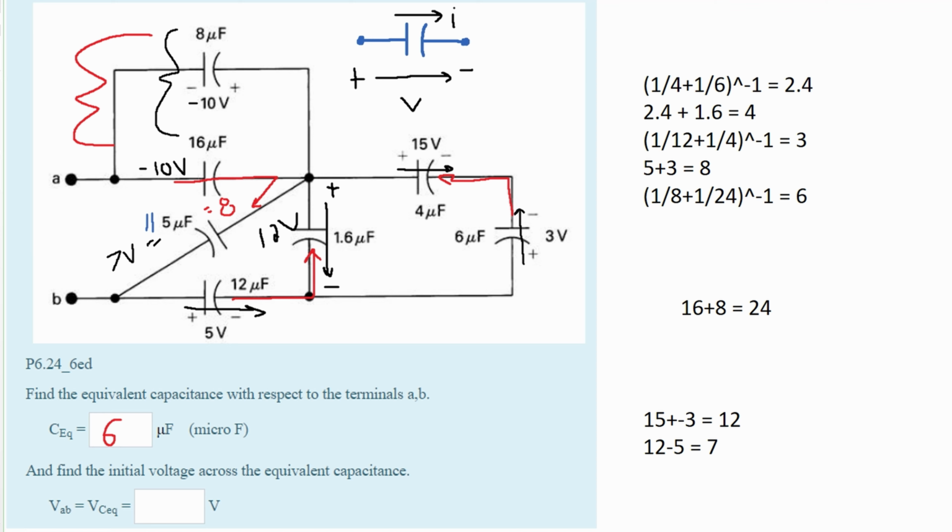Now if we draw our 7 volts, if we draw the actual plus minus here, and then for our negative 10 volts, if we draw the plus minus here, we can see that if we go into the positive like this and out of the negative and into the positive and out of the negative for our 7 volts, we're just going to add them together. So if we come in here and we have a minus 10 plus 7, we get negative 3. So that means our initial voltage is going to be negative 3 volts.